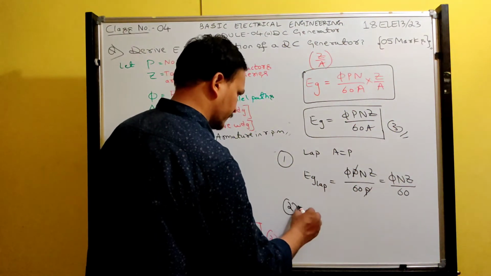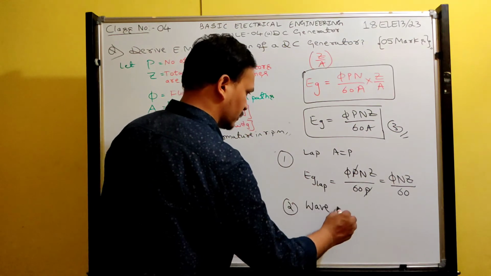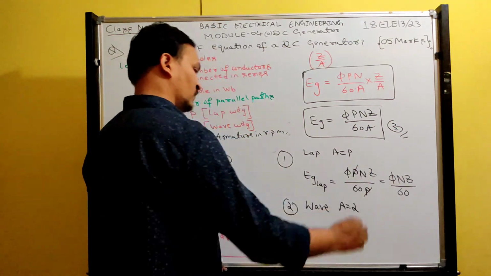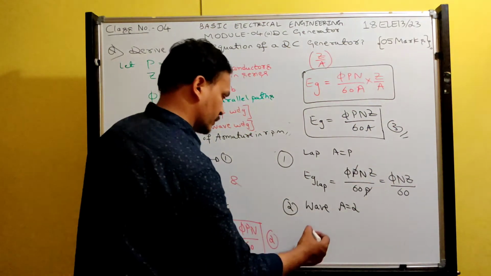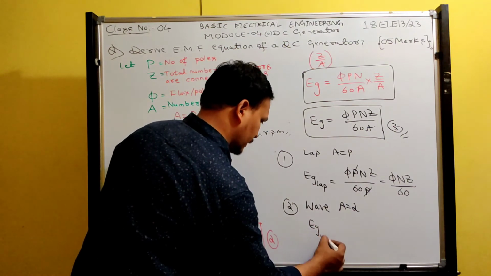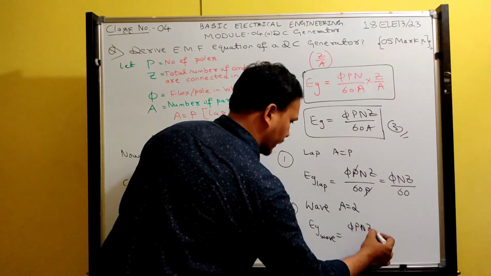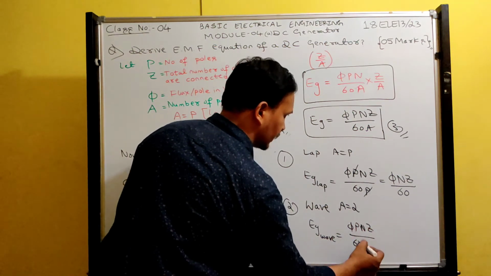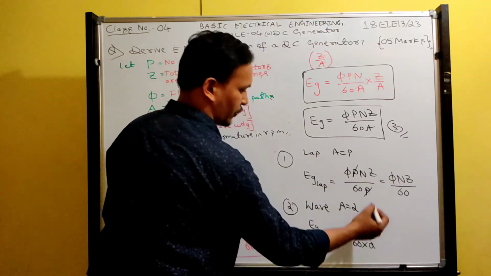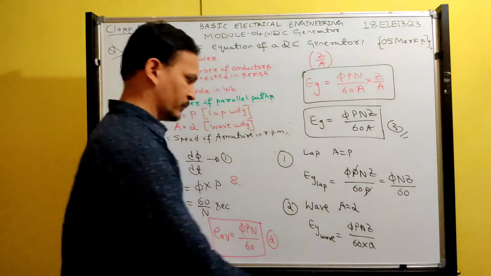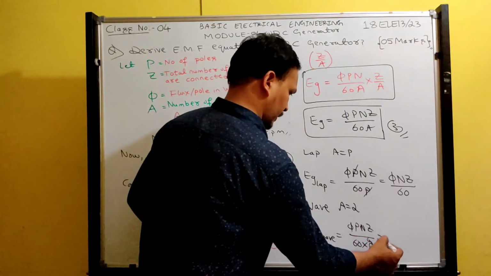Now similarly, if it is wave winding, A equals 2. So the EMF generated in wave winding will be phi P N Z divided by 60 into the A value, which is 2.